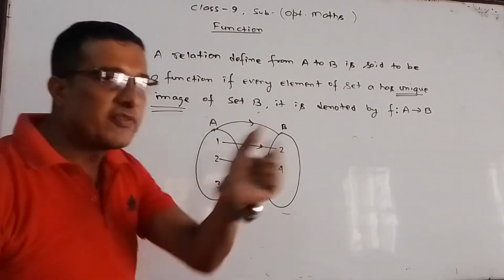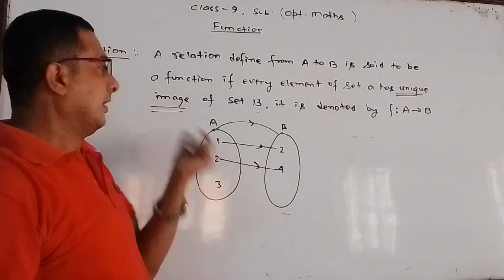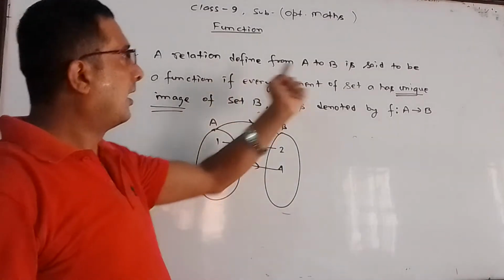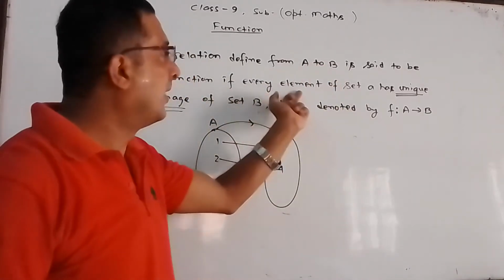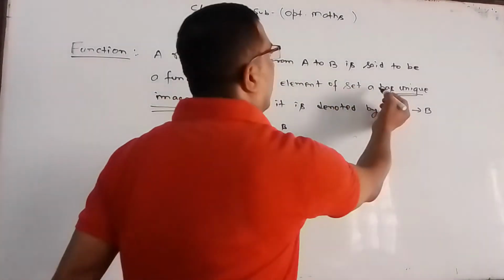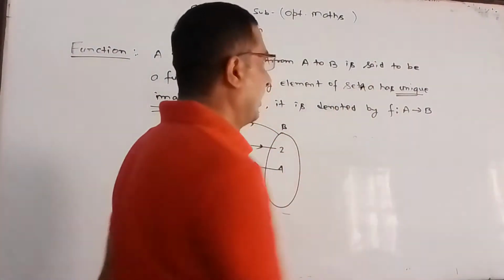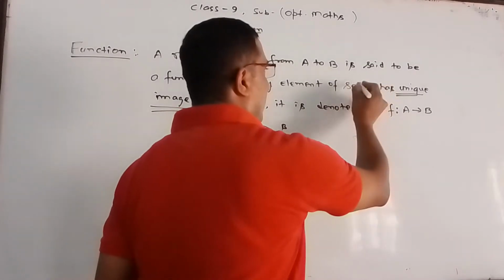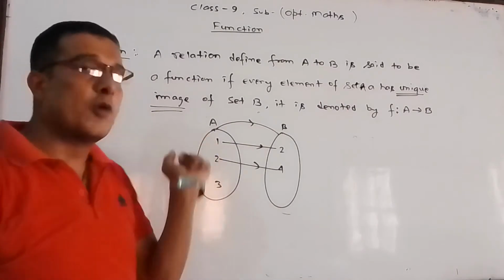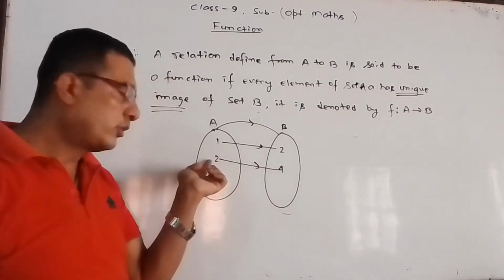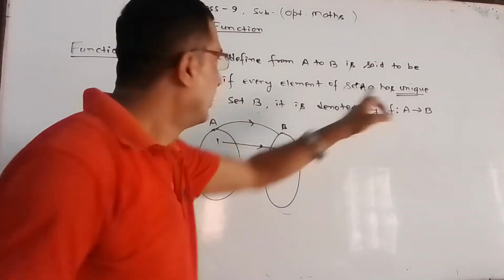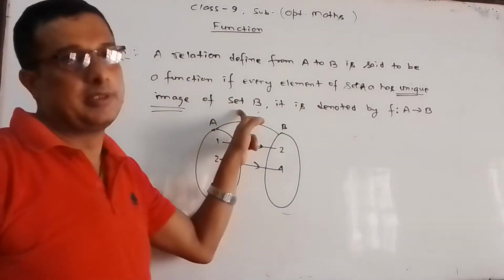Our definition says every element of set A, all elements, has a unique image in set B.